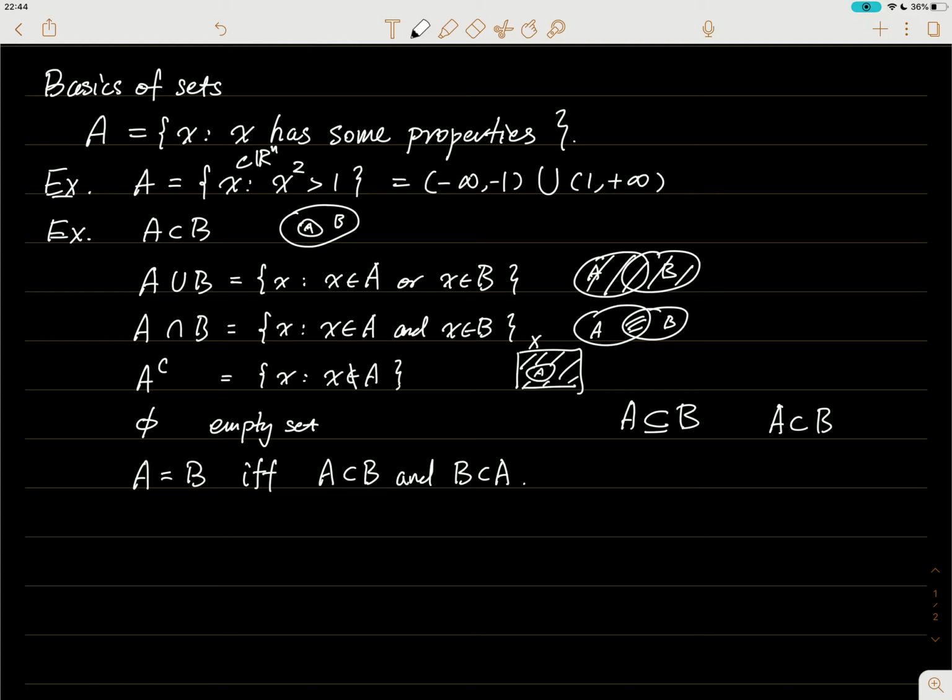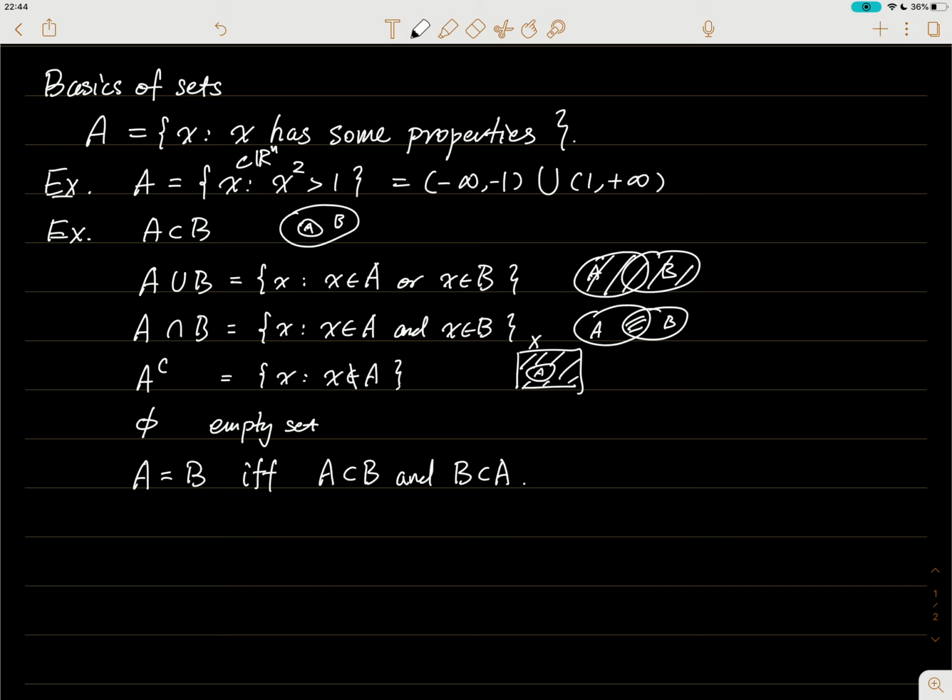If you want to specify that A is just a proper subset of B, then we can use this. It means that A is contained in B, but A is not exactly equal to B. Okay, so those are some common notations you see in different books.